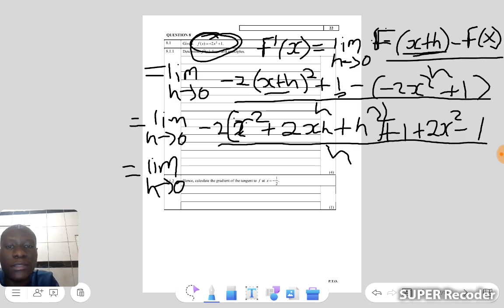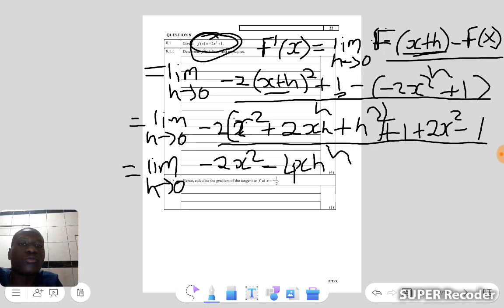So it will be negative 2x squared minus 2xh, no, not minus 2hx, sorry about that, that will be 4xh, because negative 2 times 2 is 4xh.